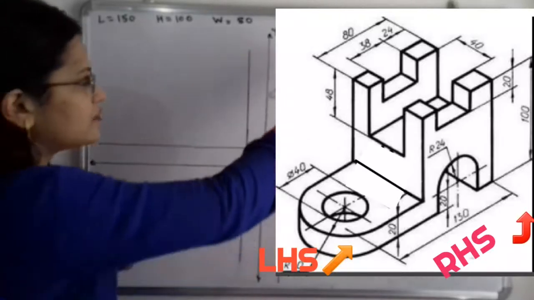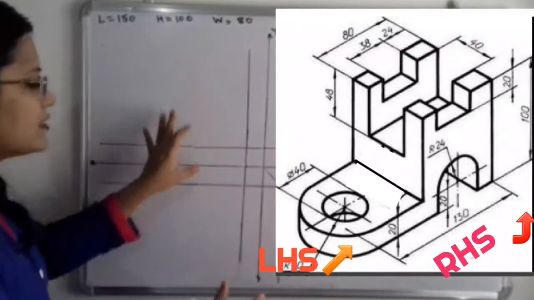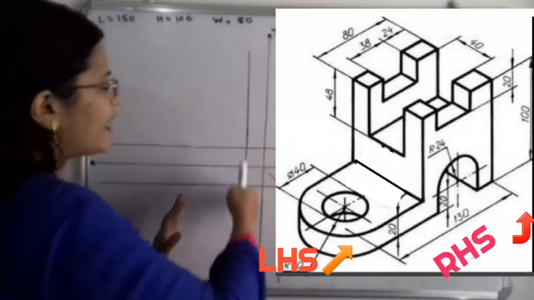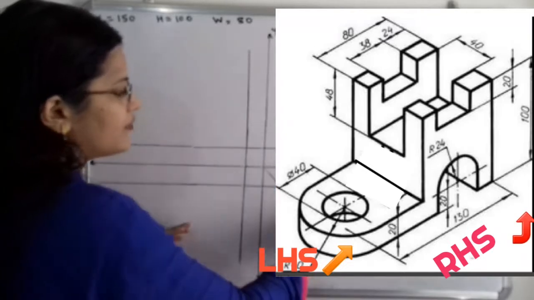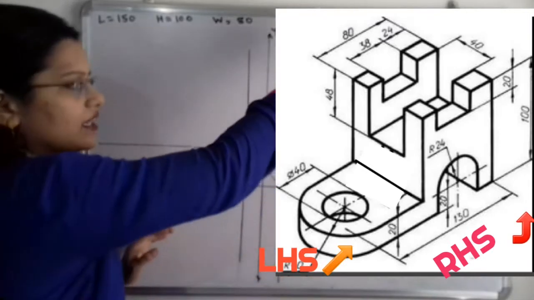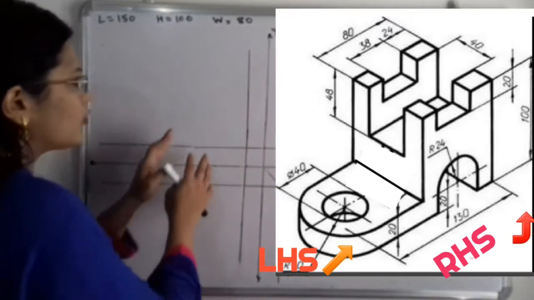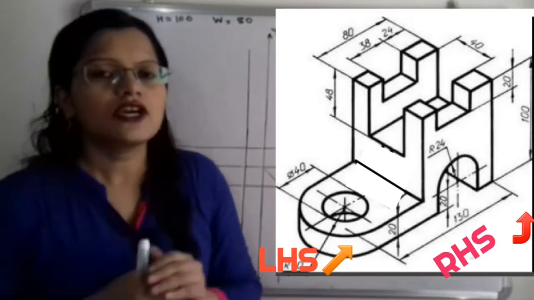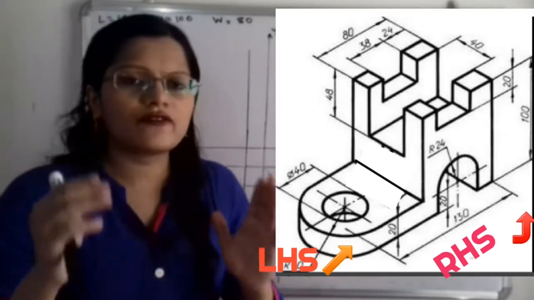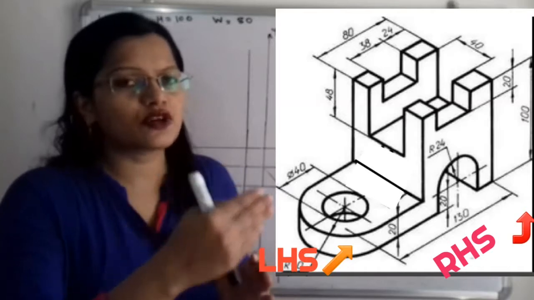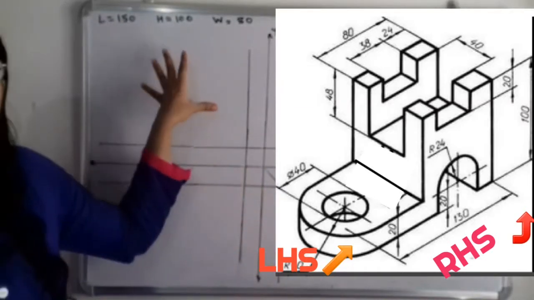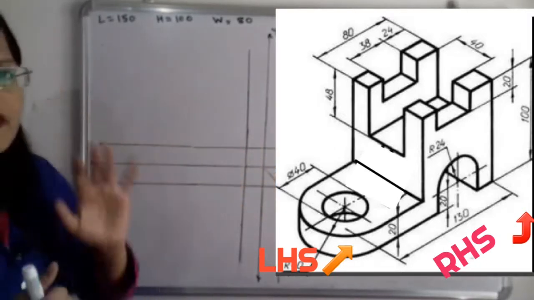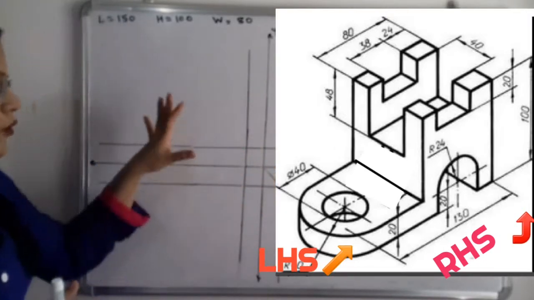The y-axis makes two sides: the first and fourth quadrants are on the right hand side, and the second and third quadrants are on the left hand side. In the given object the selected front view is on the right hand side, so we are going to plot the front view on the left hand side in this two-dimensional projection.